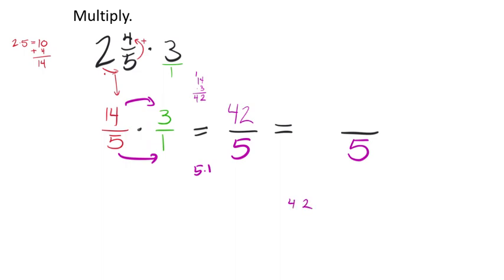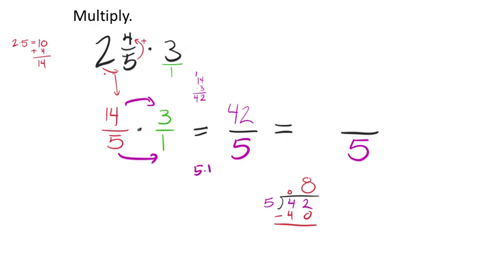42 divided by 5. So again, the quotient will be our whole number, and then the remainder will be our numerator. So 5 will not go into 4, but it will go into 42 8 times. 8 times 5 means we used up 40 of those pieces.